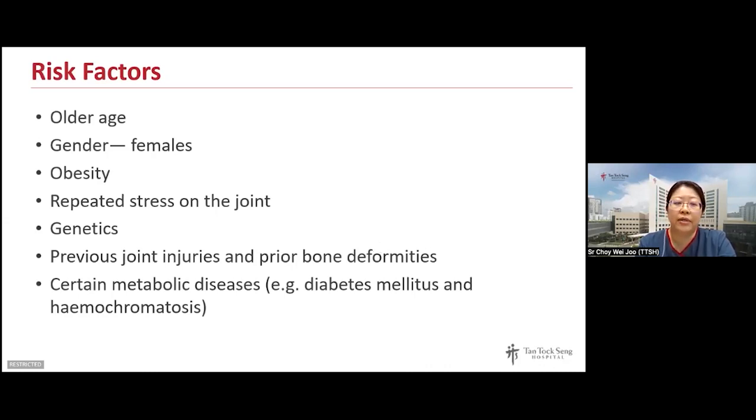People with metabolic diseases such as diabetes also have a higher chance of getting osteoarthritis.